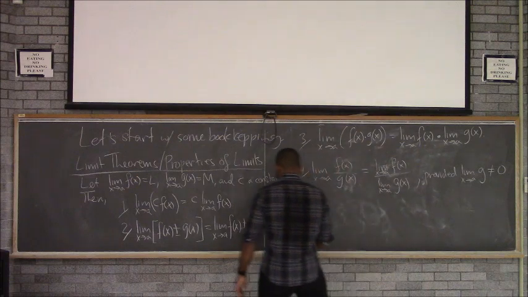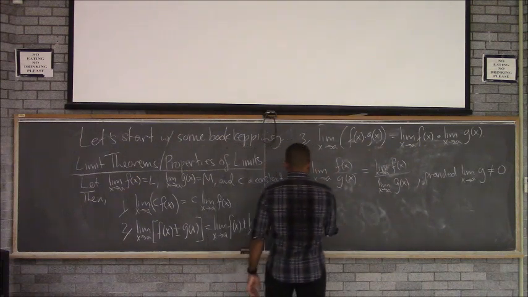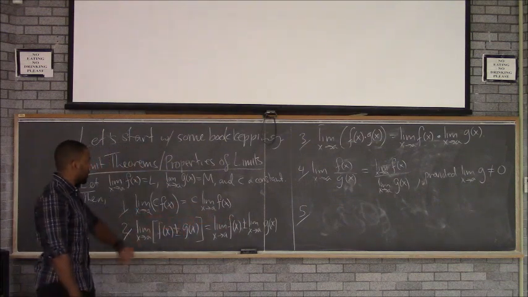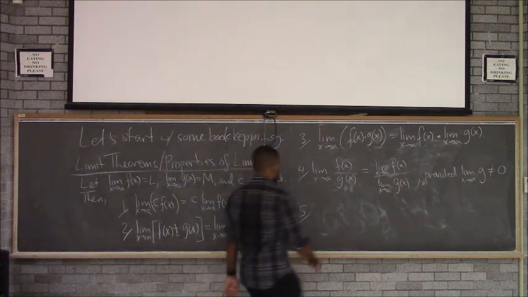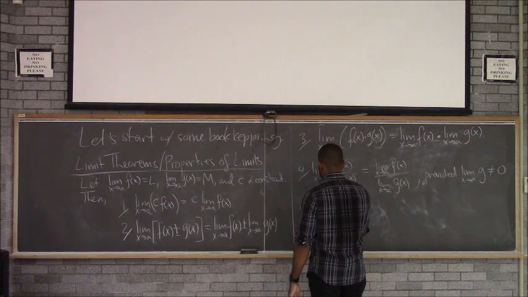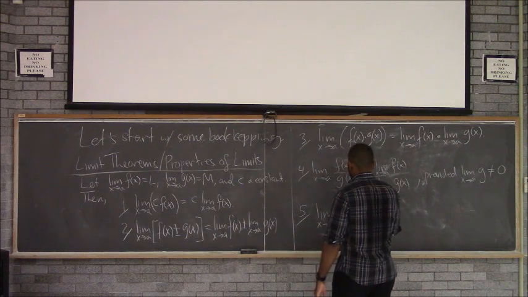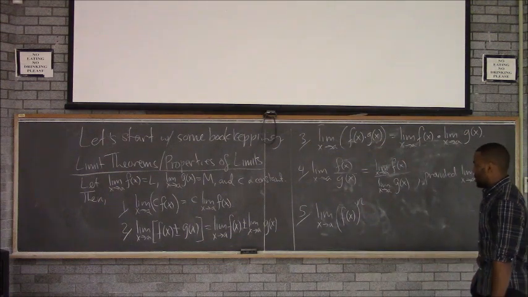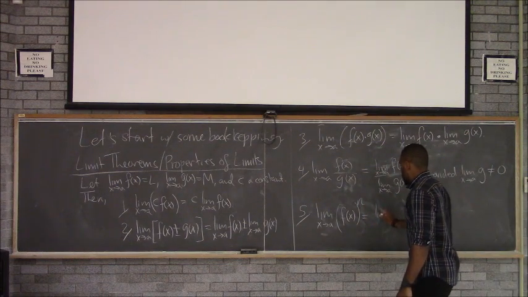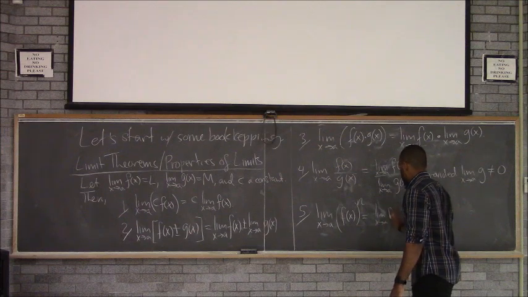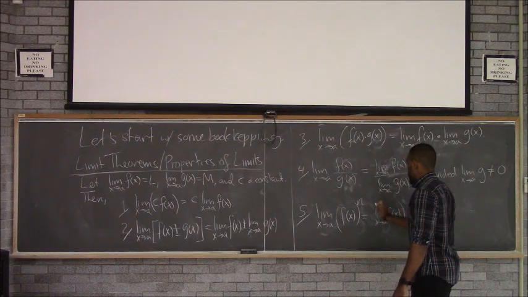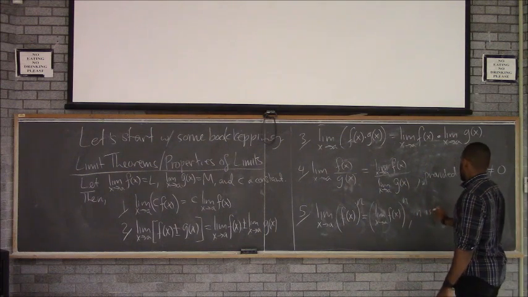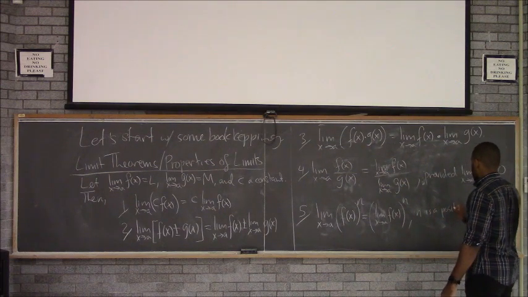And they actually go through exponentiation. There's a more powerful property that limits have that I'm going to talk about here. So if I have the limit of something to a power, then I can take the limit of the inside and then raise that answer to the power, where the power is a positive constant.